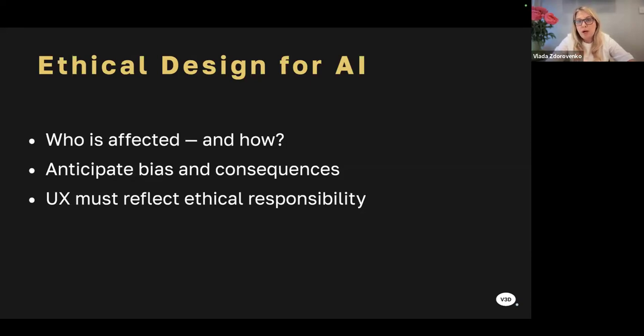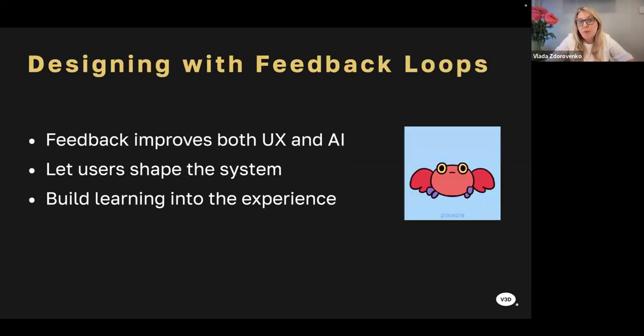So keeping in mind that a system can have this part, you can understand what to show to users and how to explain what is going on. So feedback improves both UX and UI. And sometimes we need to give users the option to shape the system and be able to switch on and off what they want to adjust.